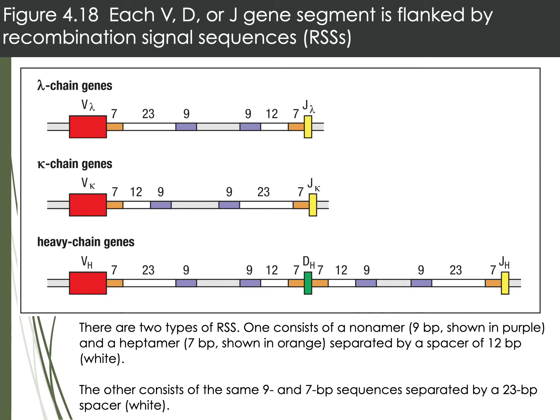This is just showing you the variable and the joining somewhat close together. But remember, if we're picking variable 1, there are all the other variable segments there, right? And so that gray area is where those other variable segments would be contained. So again, you can see this pattern is shown for both light chains and also the heavy chain.